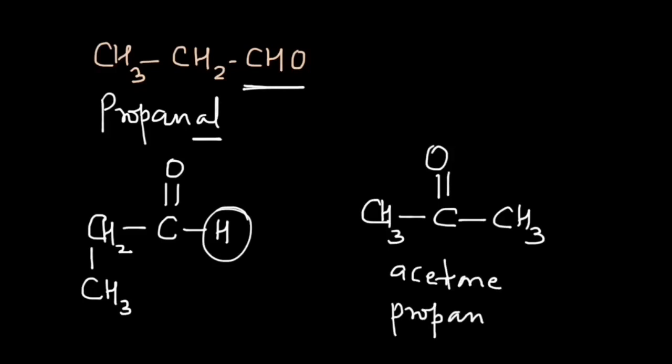So what we did was we changed an al, that is an aldehyde, to an one, which is a ketone. So aldehydes and ketones are functional isomers.